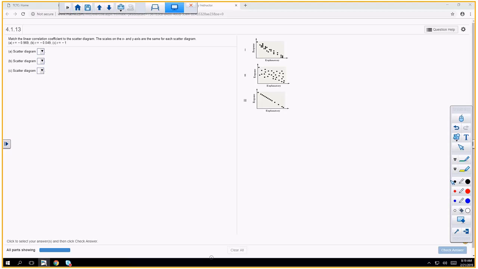So A, they're saying the correlation coefficient is negative 0.97. B, they're saying that the correlation coefficient is equal to negative 0.05. I'm rounding. And C, the correlation coefficient is equal to -1.